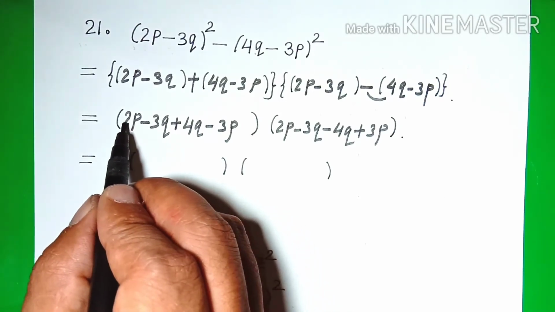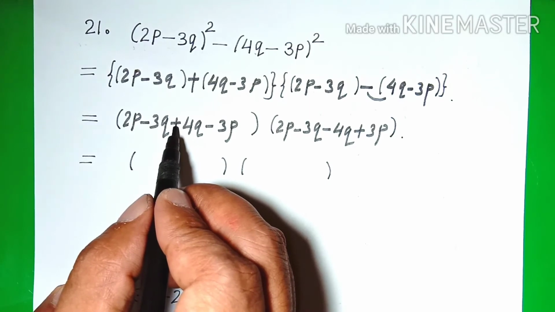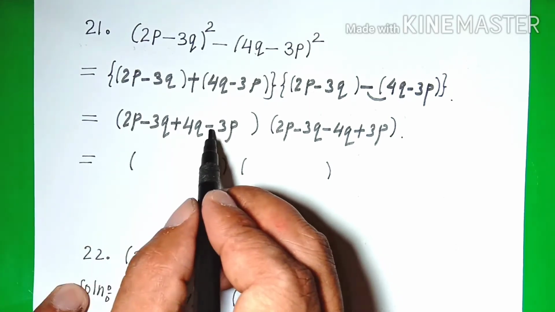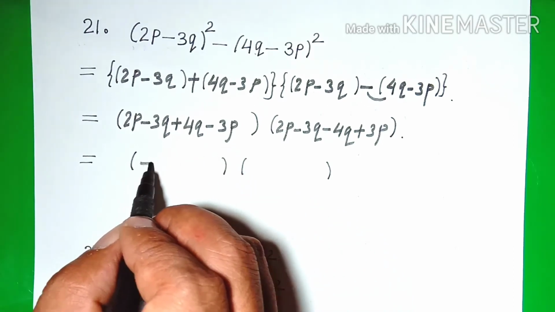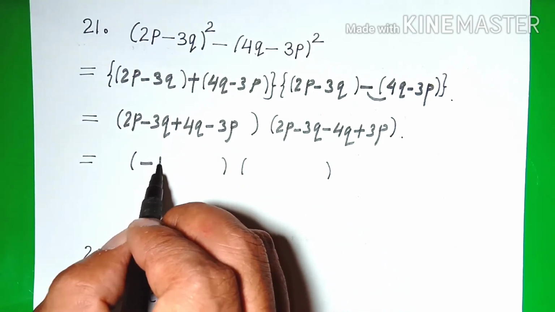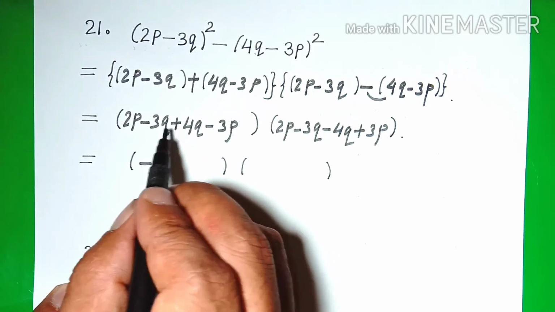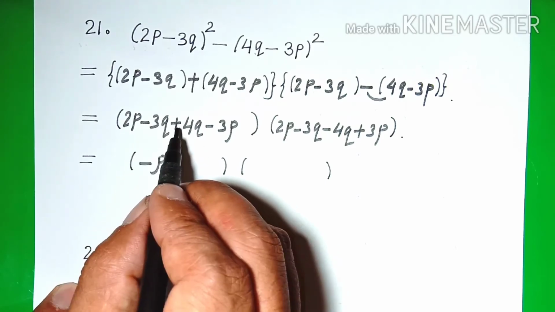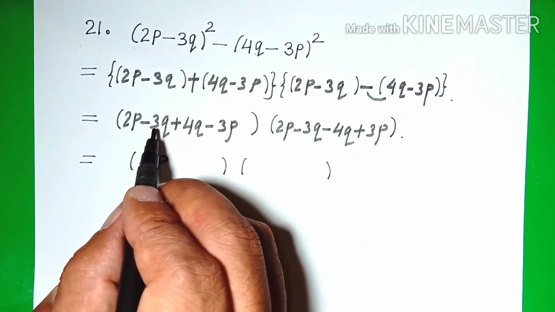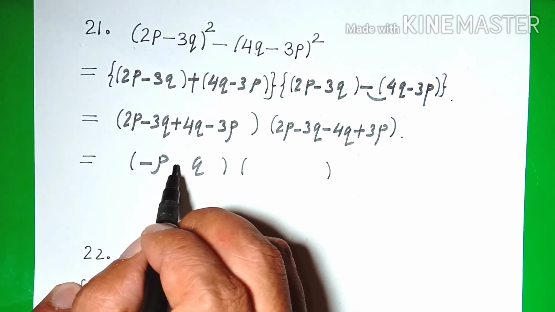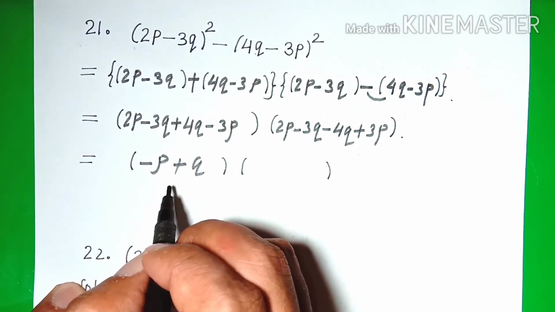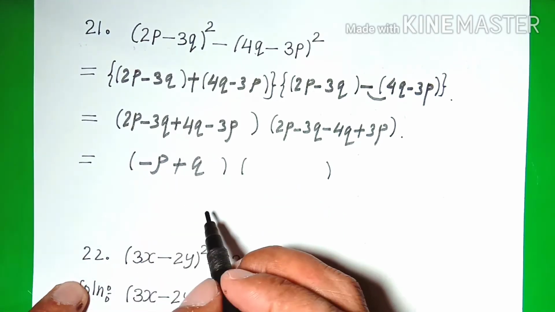Now 2p minus 3p can be written as minus 1p. Now these two are like terms, 3q minus 4q will be only 1q, but the sign still will be plus, because we take it from the bigger value.